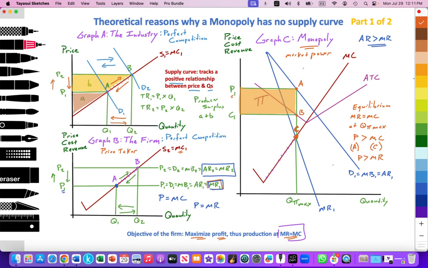They have the power to determine price and set their output where they're maximizing profit. Thus, the firm has the market power and the ability to determine price. Thus, the firm has the power to maximize profit where MR equals MC, setting output at quantity profit max, setting a price of P1.